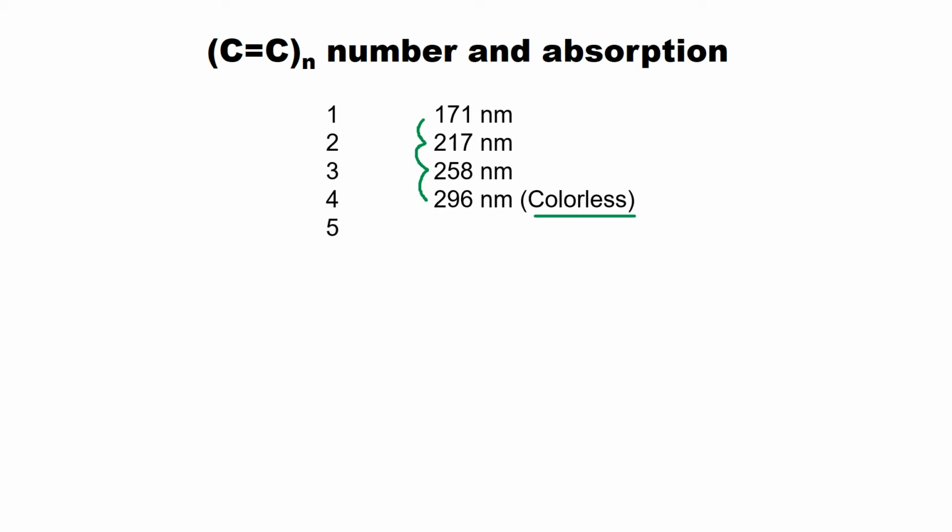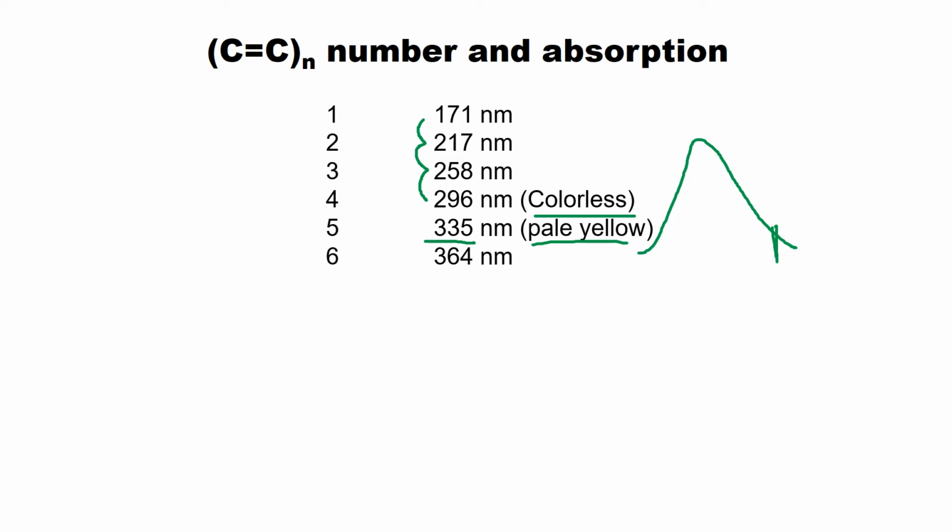If it becomes 5, can you guess what wavelength of light can be absorbed? Did you find it? The next one is 335. It's still quite short, but it may have some broad absorption like this. Now it may start to absorb 400 nanometers, and then it starts to show a very faint yellow color.